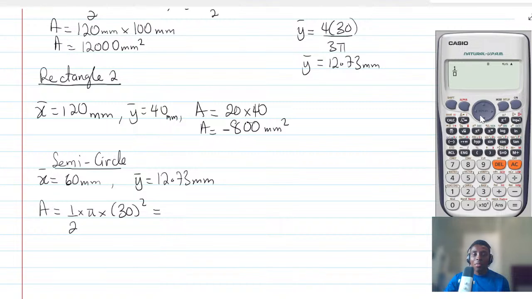So we have half multiplied by pi multiplied by 30 squared. That will be 1413.72 millimeters squared.